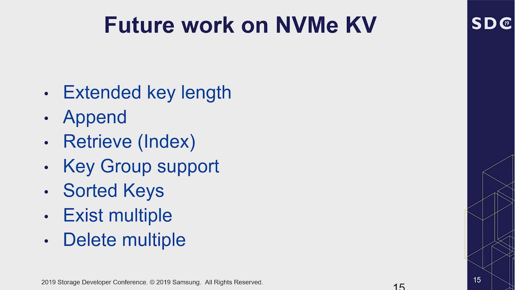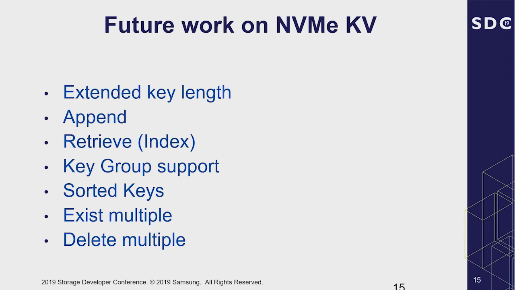I've heard at least one question here about sorting of your index. There is a desire to indicate whether or not a particular key value device is capable of providing your list in a sorted order. And if the device is capable of it, then we need to pass information about that capability and have some mechanism to indicate what type of sorting do I want of my keys.